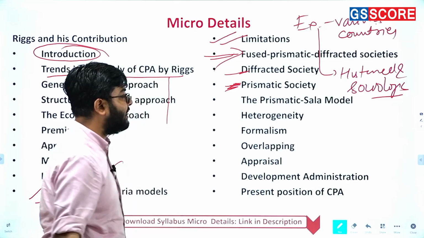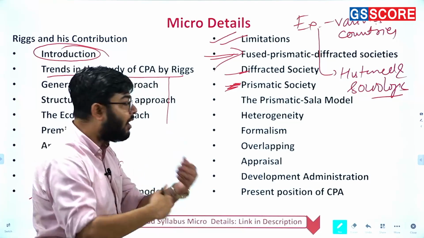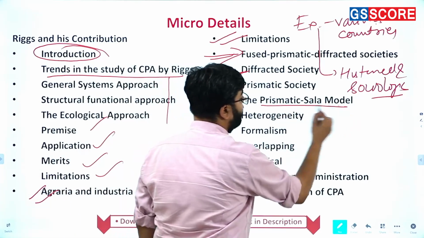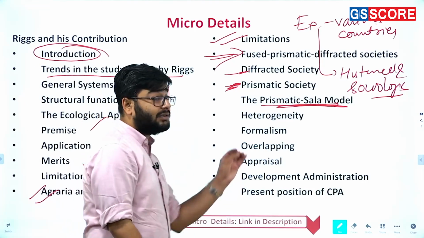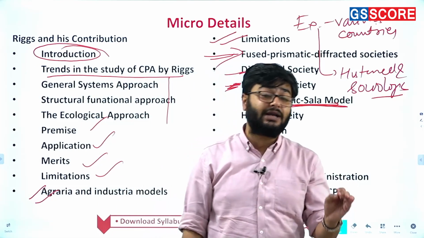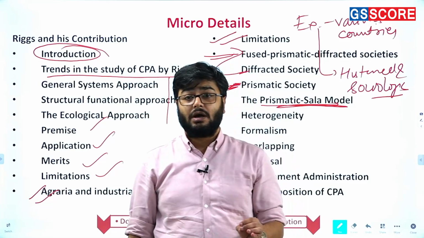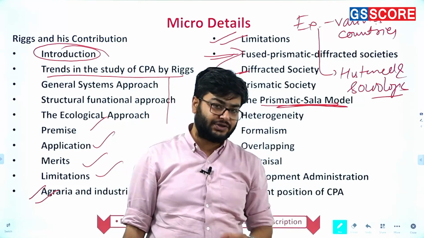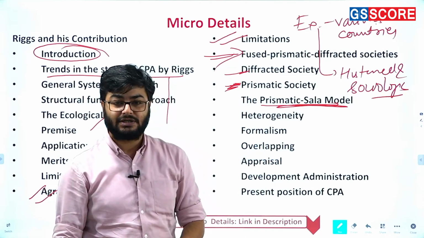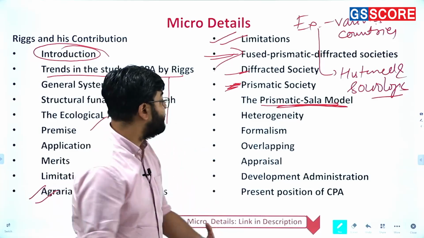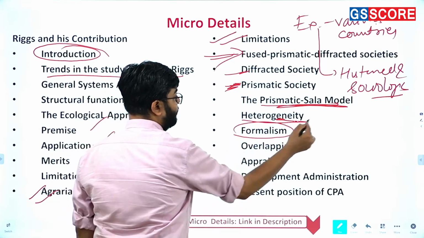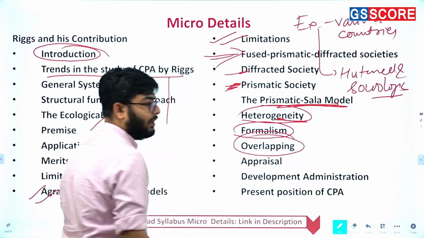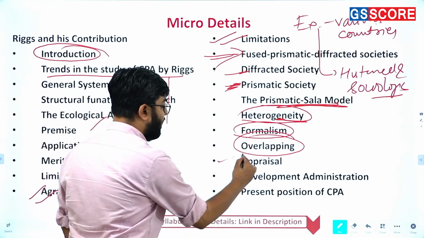Similarly, the prismatic society and how the prismatic Sala model comes into the picture, and certain conceptual orientations which through his analysis Riggs presents us in form of concepts like heterogeneity, formalism, overlapping, and their overall appraisal.